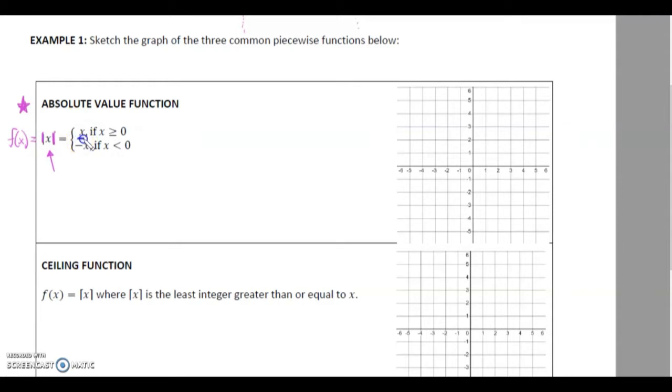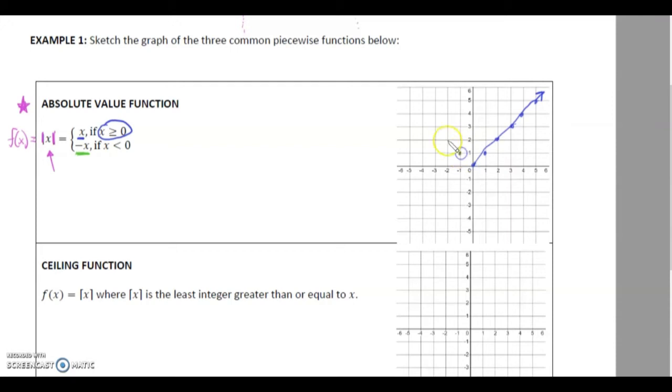There are two different formulas that this breaks down into. It breaks down into x on the domain that x is greater than 0. So for anything greater than 0, we're going to go up to the right where x equals y. And then we have negative x if x is less than 0.